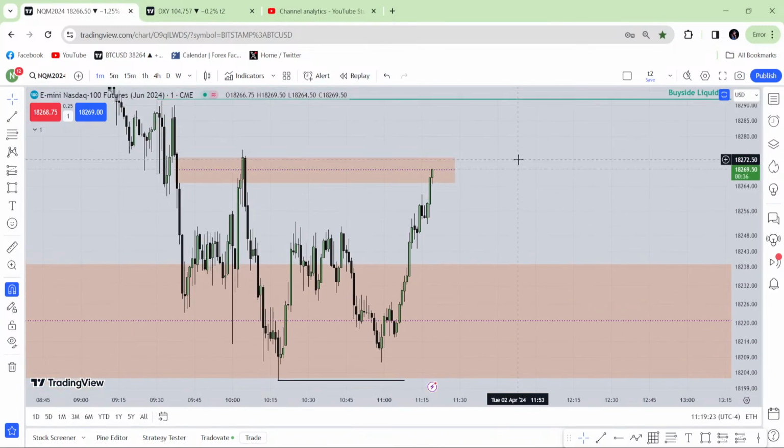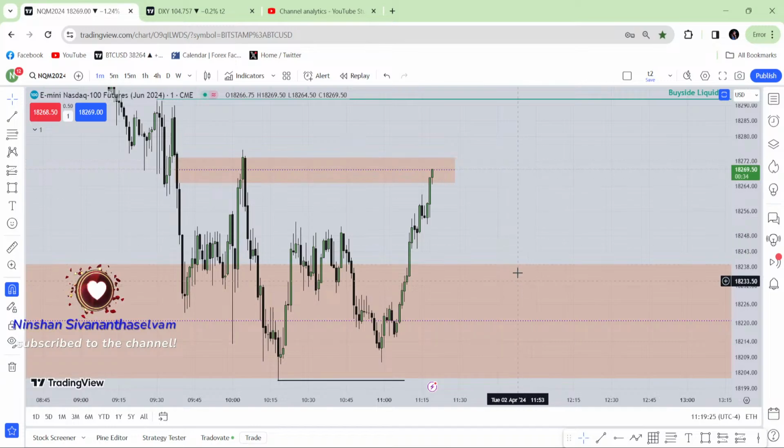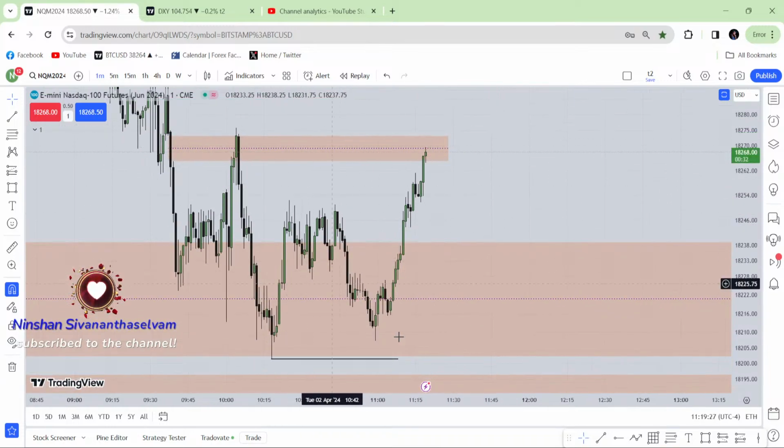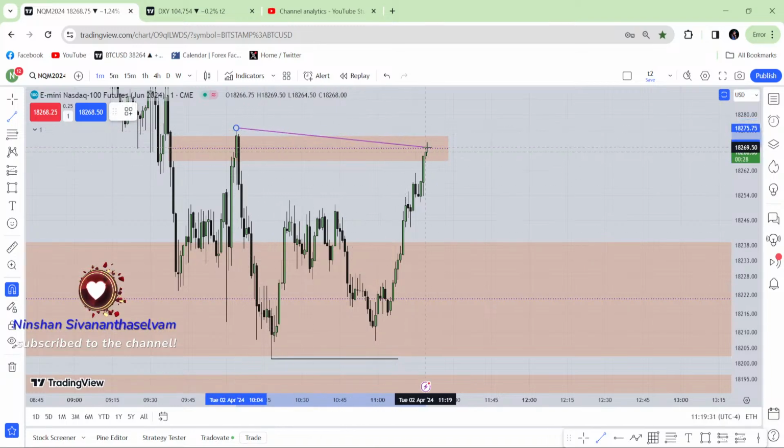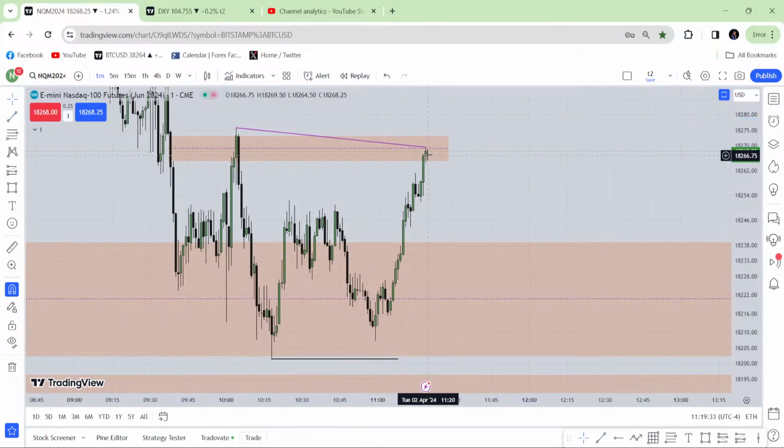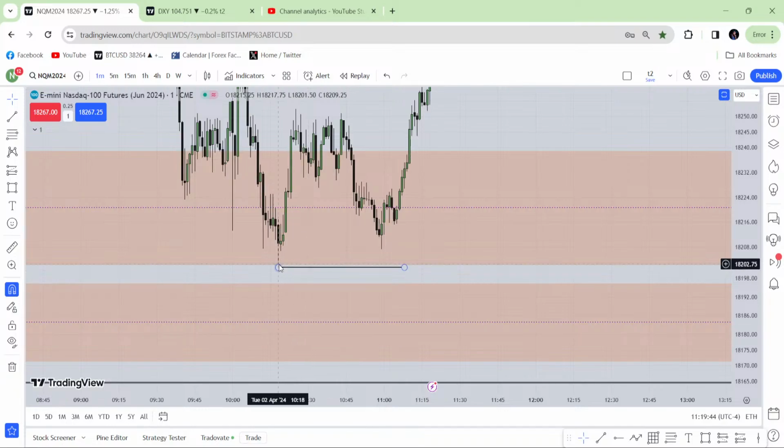Now the guy who actually asked me about the first parabolic gap entry. Here the first parabolic gap entry can happen. If this high is not taken, and the market can go through the first parabolic gap over there, then it could be the first parabolic gap. If this high is taken, this first parabolic gap is not valid anymore. If you have very clean sell side liquidity. Now here, I don't have very clean sell side liquidity.